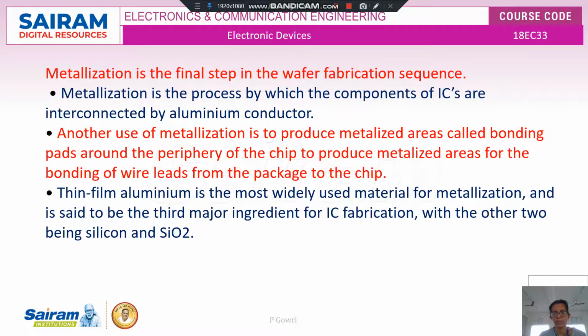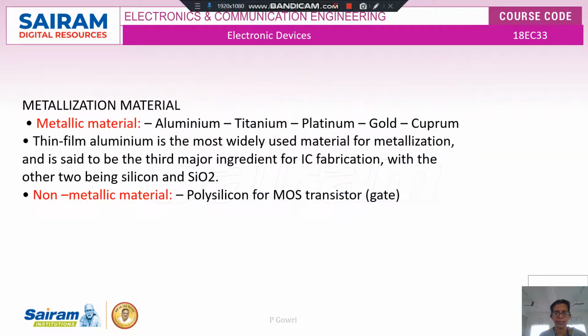So the next one is metallization. Metallization is the final step in the wafer fabrication sequence, where you coat the surface with a metal. Normally aluminum is used in the metallization process. A thin film of aluminum will be coated on the surface, and we can say that aluminum is the third major ingredient after silicon and silicon dioxide.